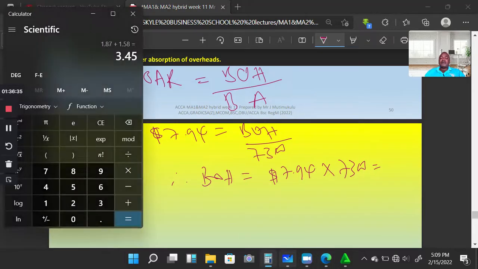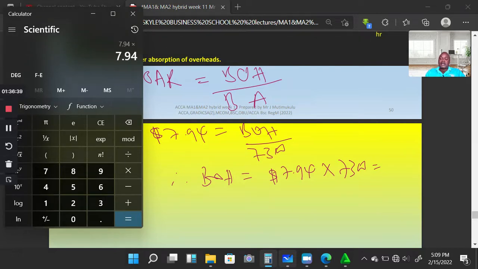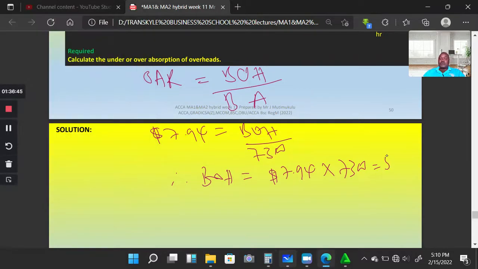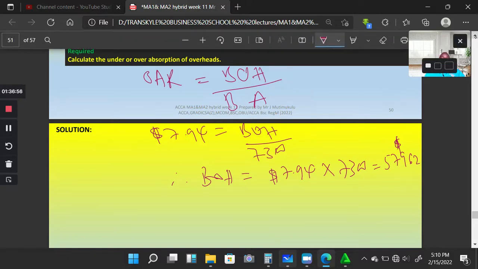If you use our calculator, 7.94 multiplied by 7,300, we're going to have $57,962 as our budgeted overhead for machine shop A.